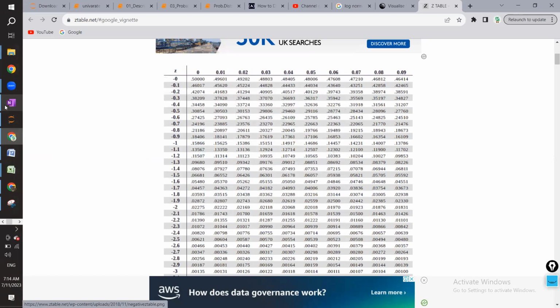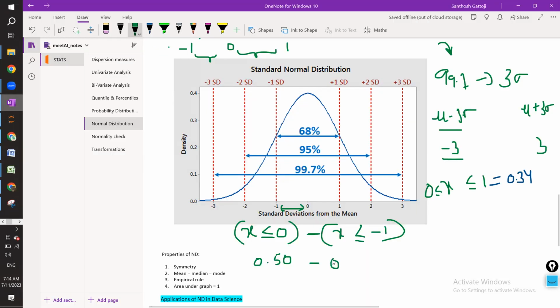Agree? 0.15. So this is 0.15, this area. If this x is minus 1, this area is 0.15.